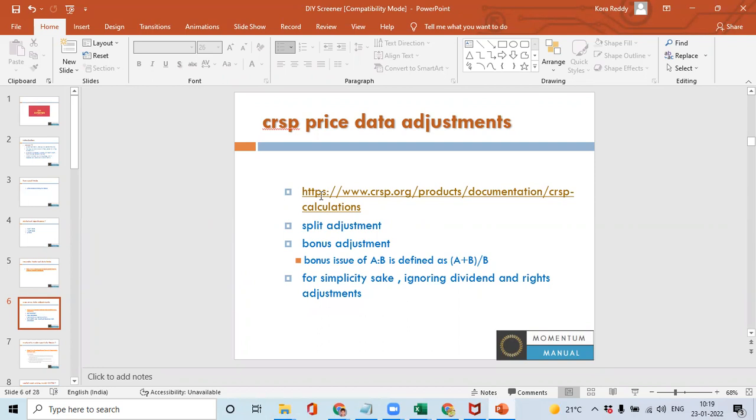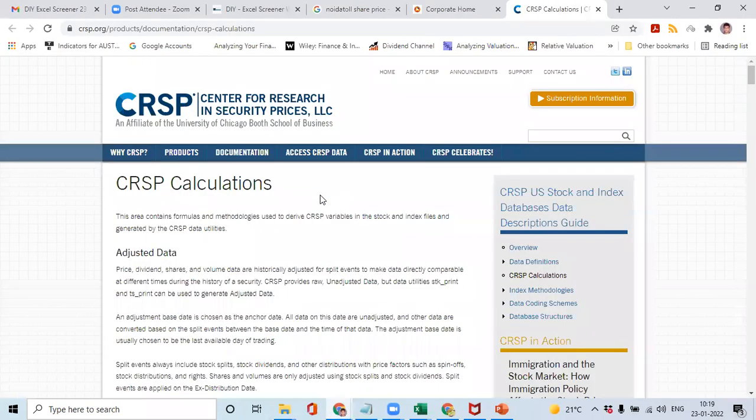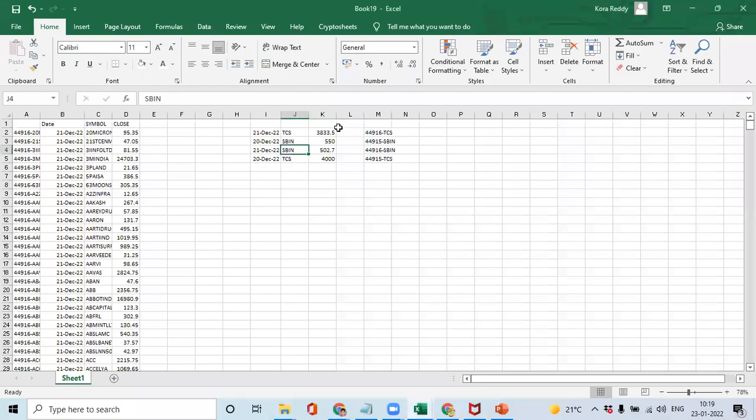The split adjustment is fairly simple. If the stock is split from 2 rupees face value to 1 rupee face value, all your prior prices will be off. So instead of 4,000, because the TCS split is 2:1, this will become 2,000.